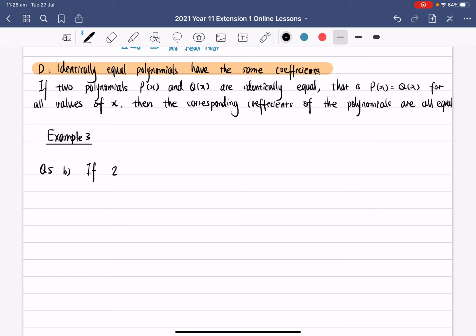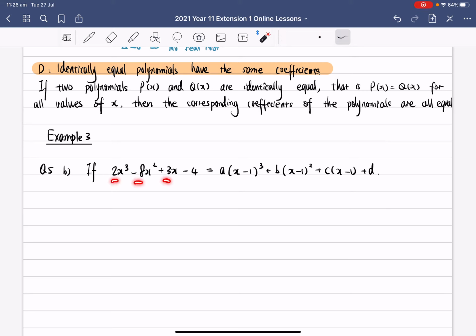If 2x to the power 3 minus 8x squared plus 3x minus 4 is identically equal to a(x minus 1) to the power 3 plus b(x minus 1) to the power 2 plus c(x minus 1) plus d, then the coefficients must be equal to each other. However, the right hand side is not in expanded form, so you've got two options.